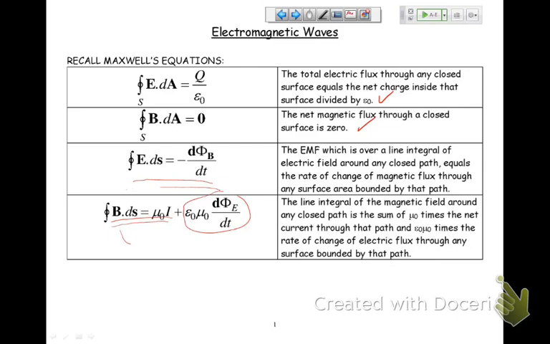Normally mu naught's always about magnetism, and epsilon naught's always about electrostatics, and now we're seeing them both in the same equation. All I want you to know is that those equations exist, that they are called Maxwell's equations, and that you've done some of them.